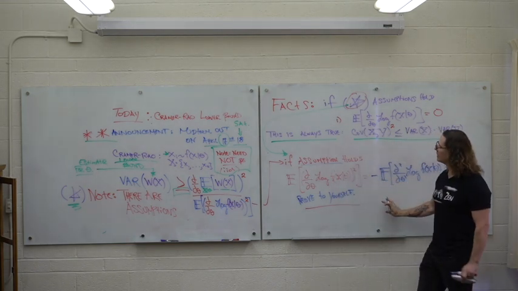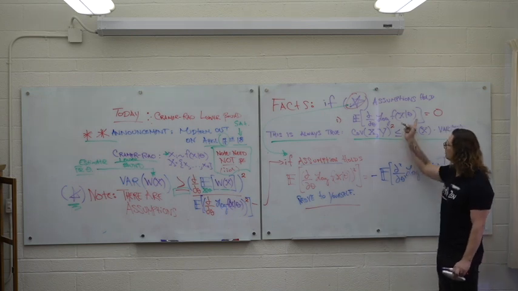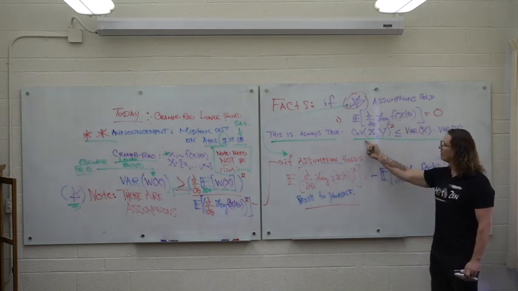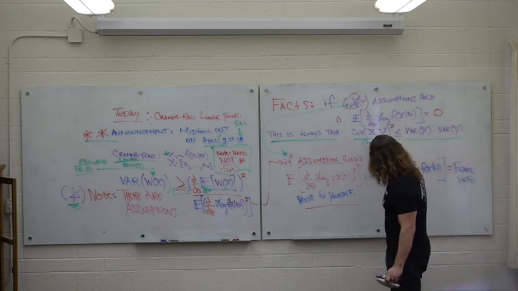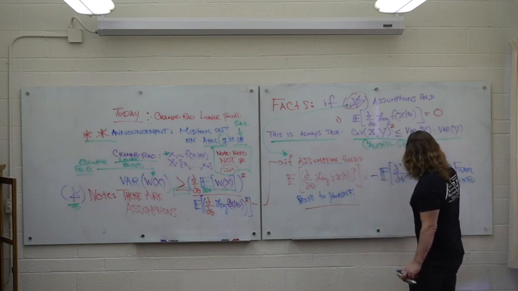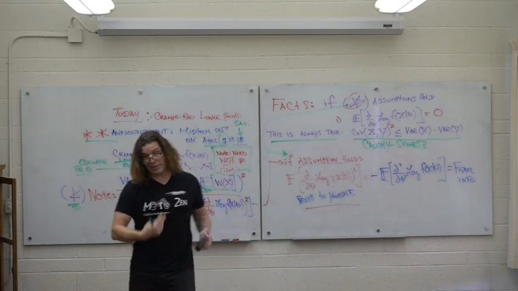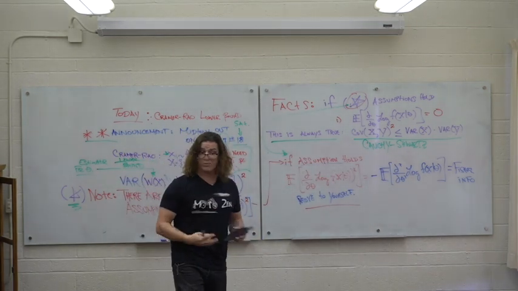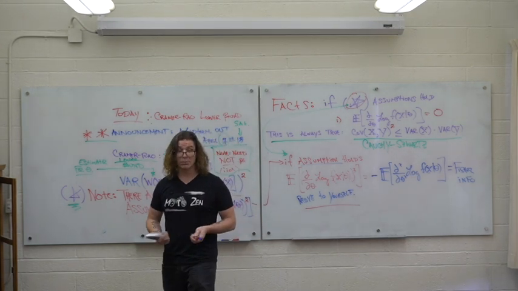So there's two things that are true. If the assumption holds, we'll go through that. We'll at least prove this one. And this statement is always true right here. This is called Cauchy-Schwarz. And for those of you that have encountered Cauchy-Schwarz in linear algebra or some other field, this really is the same equation, just being applied a little bit differently.